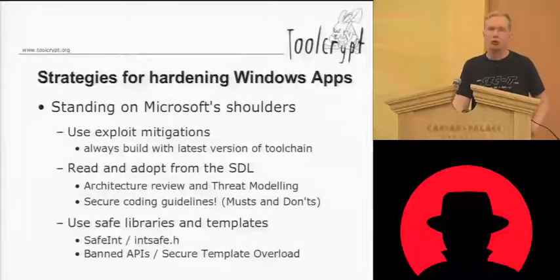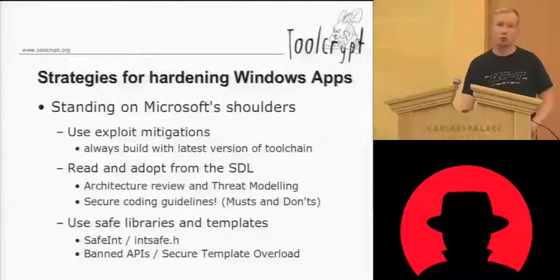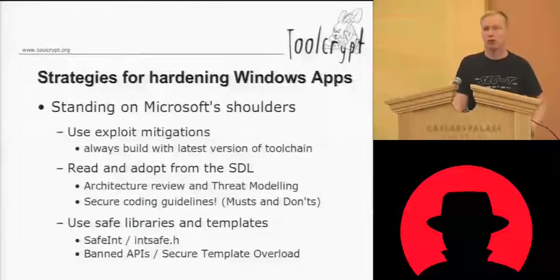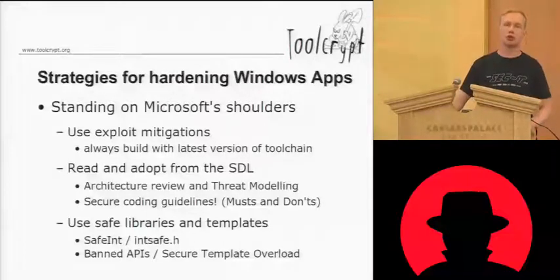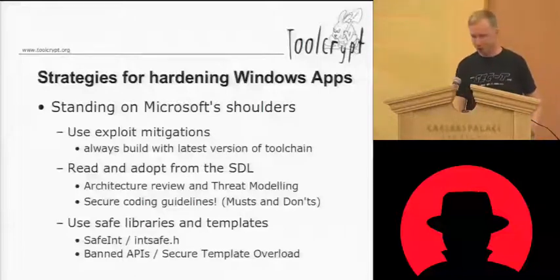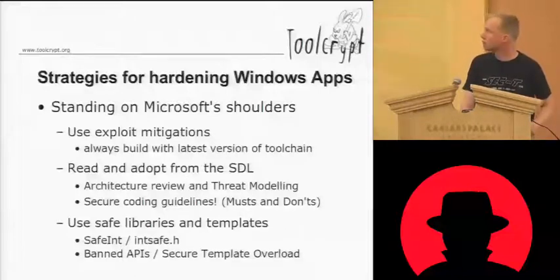And always build with the latest toolchain. If we're not using the latest version of Visual Studio, for example, the /GS stack overwrite protection will be significantly weaker than it would be if we're using the latest version. So always make sure that even old modules that you might not have changed actually get rebuilt with the latest version of the toolchain for each release.